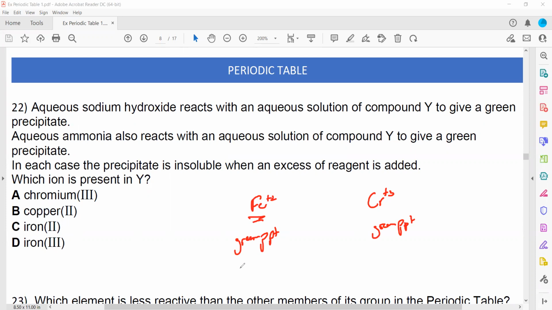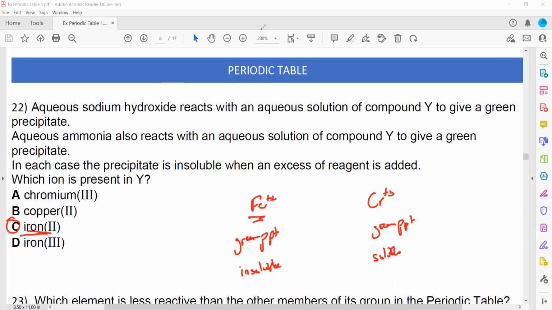When we add excess, the iron precipitate is insoluble, it does not dissolve, whereas chromium's precipitate is soluble. So because in both cases the precipitate does not dissolve, it should be the iron 2 ion.